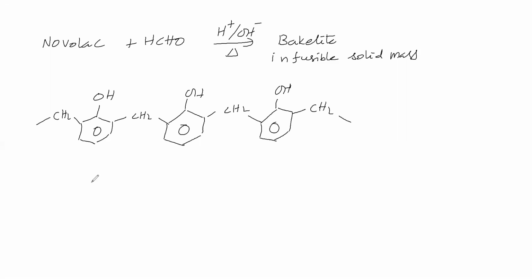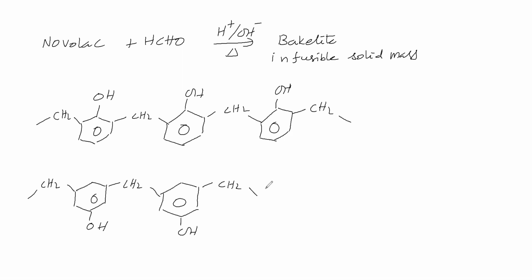Another Novolak we will take. It is a phenyl ring. Here OH group is there. Here a CH2 bridge is at a meta position. Here phenyl ring, here OH, another CH2.